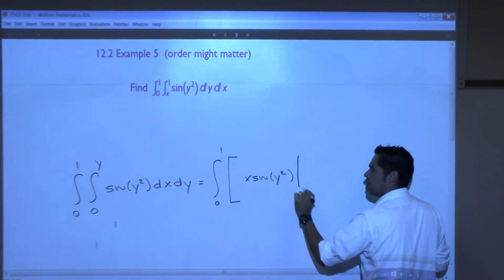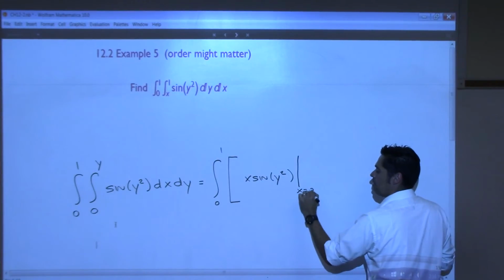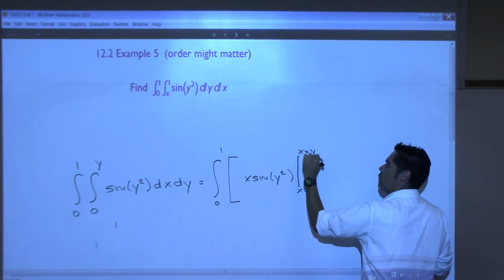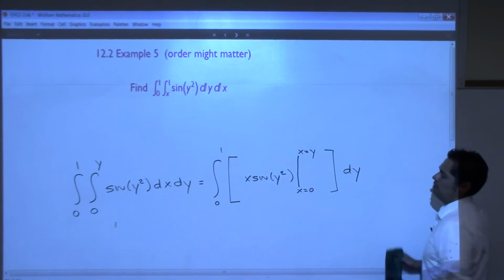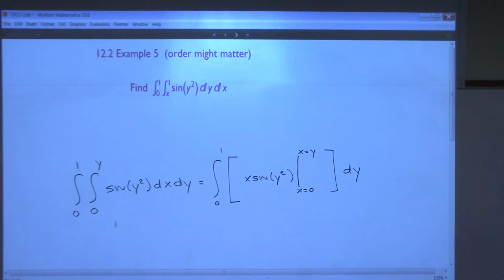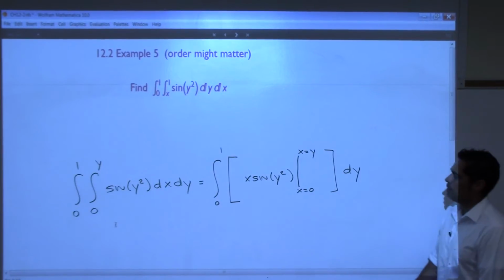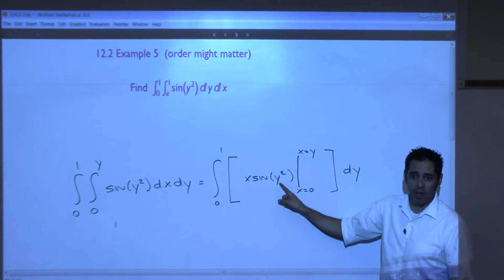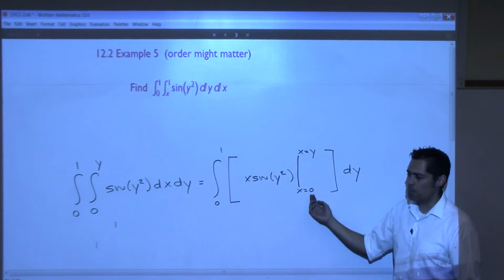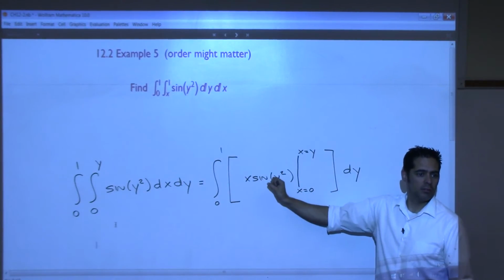Evaluating this, x equals 0 to x equals y, dy. Now I'm going to replace x with y. So this is going to become y sine y squared. Going to replace x with 0, and we're just going to get 0.